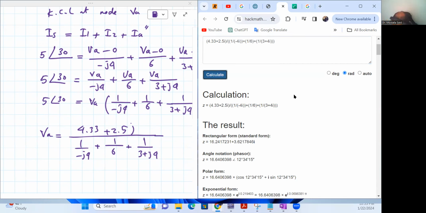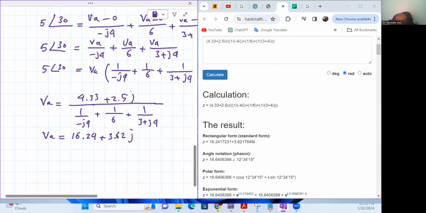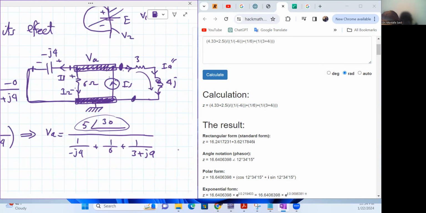Okay, so we have VA equal to 16.24 plus 3.62j. Remember, that's not what we want. We want I A double dash. I A double dash is flowing in that branch.